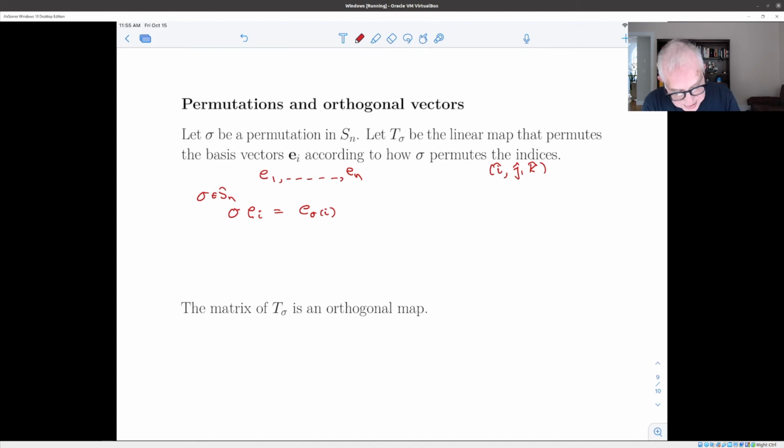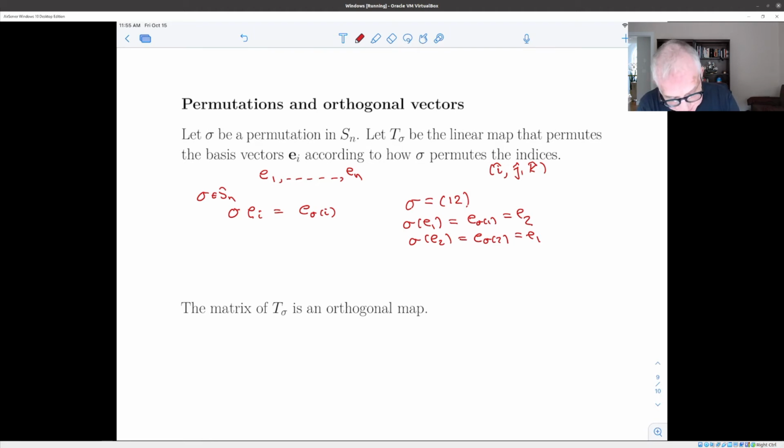So, for instance, if sigma were the transposition (1 2), then sigma of e1 is e sigma of 1, which is e2, and sigma of e2 is e sigma of 2, which is e1. So sigma permutes these vectors. And this is a linear transformation, because if you rearrange the basis of a vector space, that's a linear map.